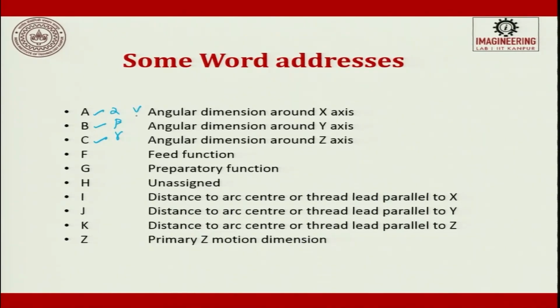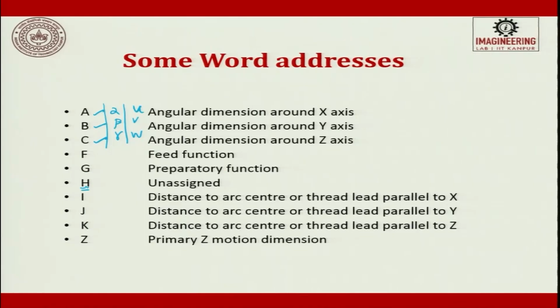It can be U, V, W. So, look at the controller and then see what it is. So, here we are using A, B, C for our lecture discussion. So, it is rotation about x axis is A, rotation about y axis is B, rotation about z axis is C. Feed functions, preparatory codes, these are the words which you should remember.